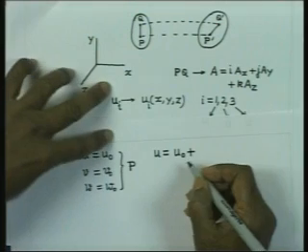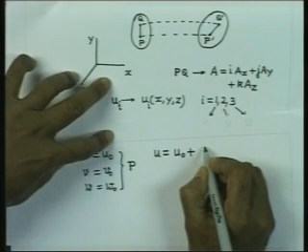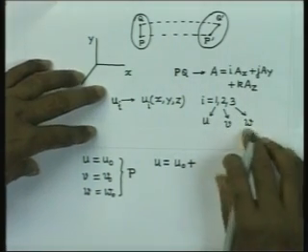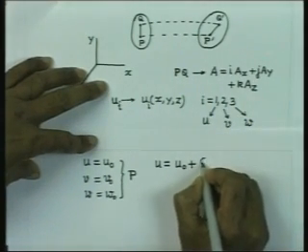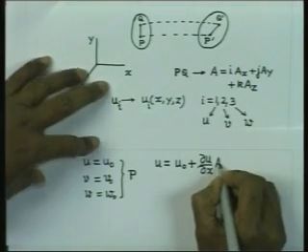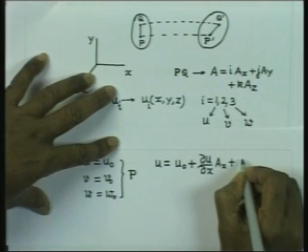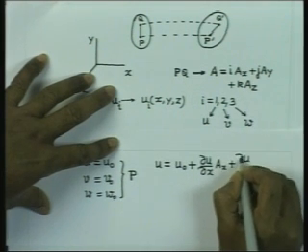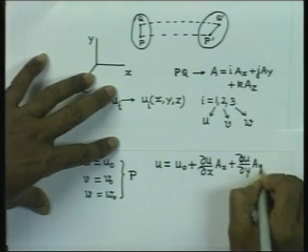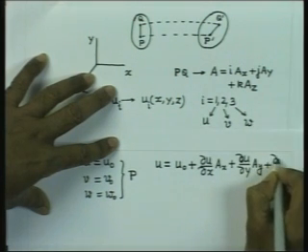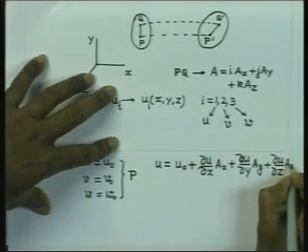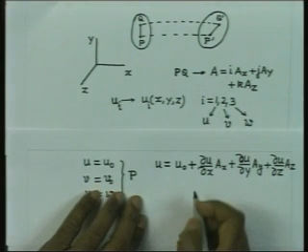plus we can write the Taylor series expansion for the functions u i. So, therefore, we will have delta u delta x Ax plus delta u delta y Ay plus delta u delta z Az, that is the first order term.